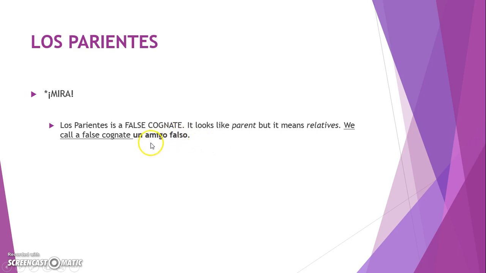Okay, a false friend. Something that looks like it's going to be a cognate, but in reality, it's not. So it is kind of a trickster, kind of tricks you a little bit. That's what we call un amigo falso. So los parientes means relatives. Cuidado con eso.